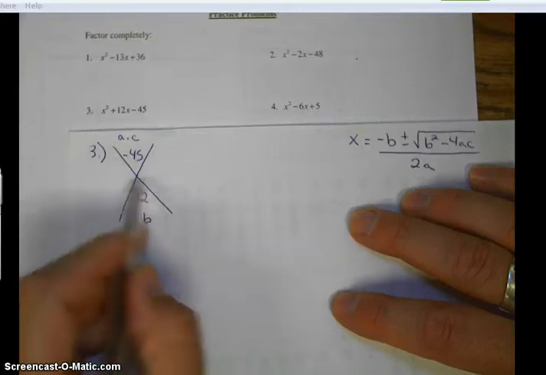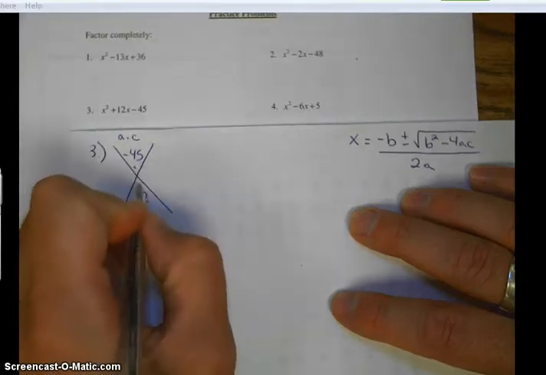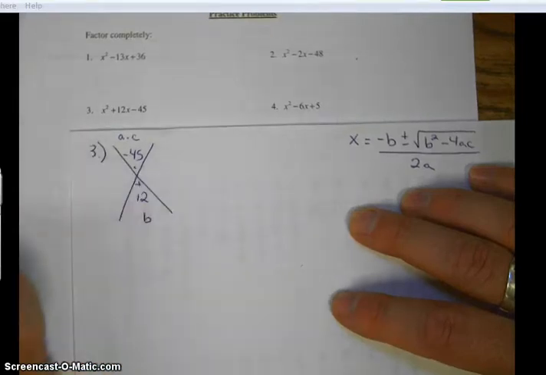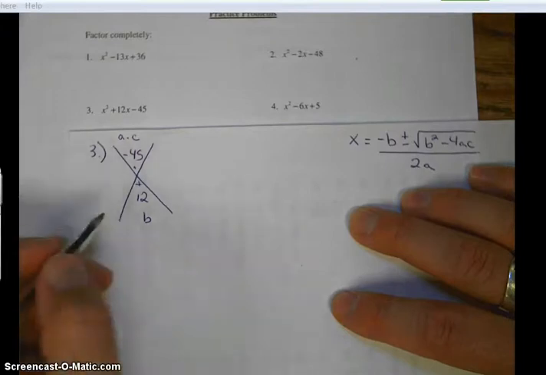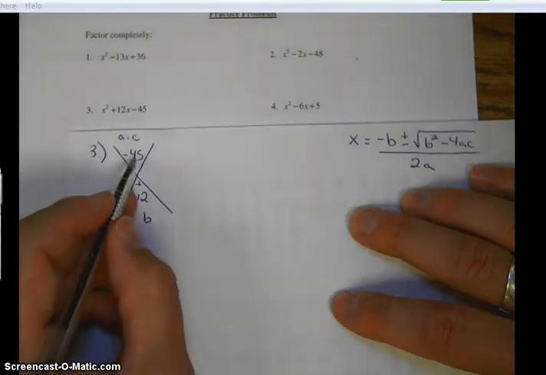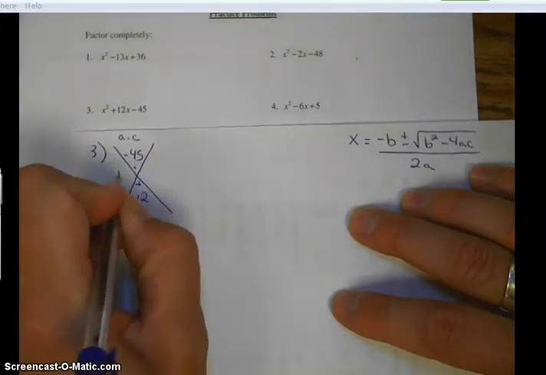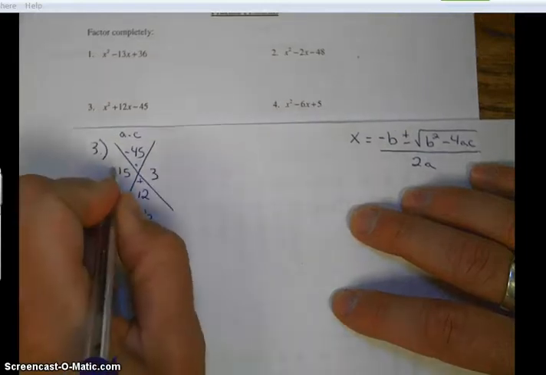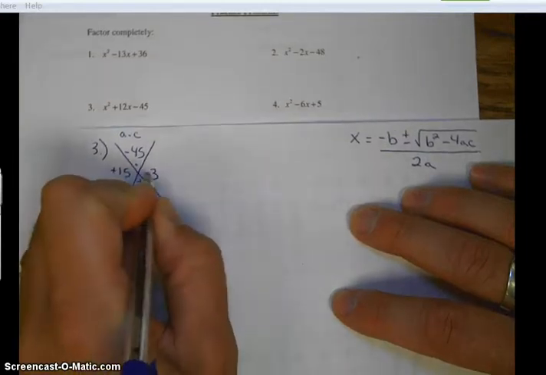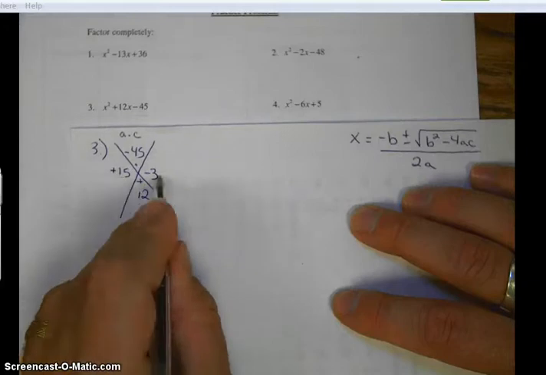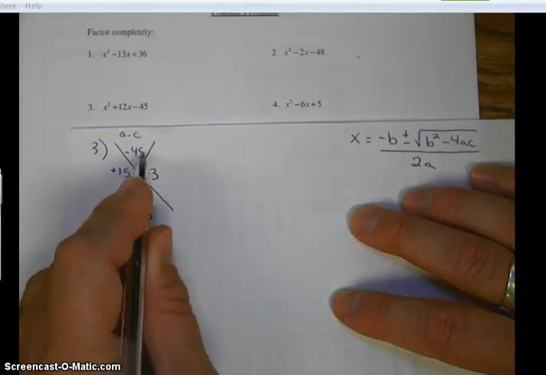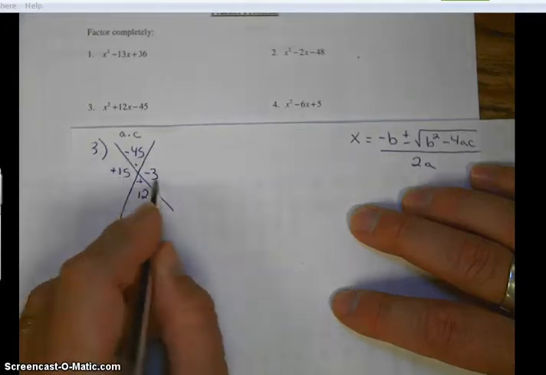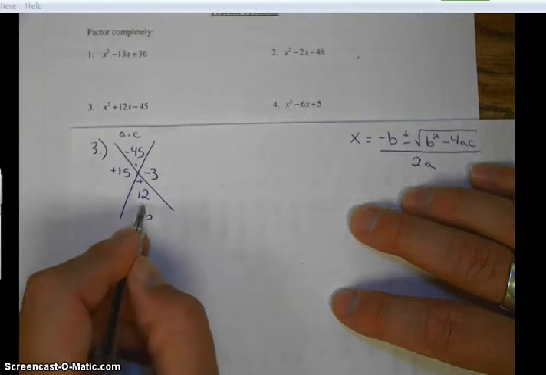So two numbers that multiply to give us negative 45 and add to give us 12. So that's going to be, let's see, 15 times 3 is 45. We want a positive 12, so we're going to make this one positive and this one negative. That makes a negative 45 when you multiply. It makes a 12 when you add.